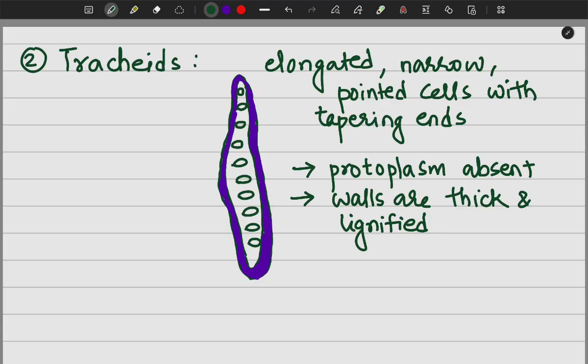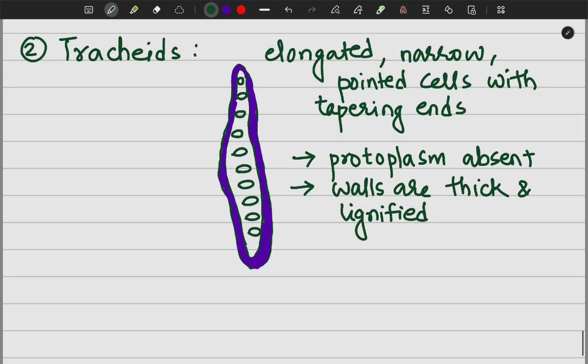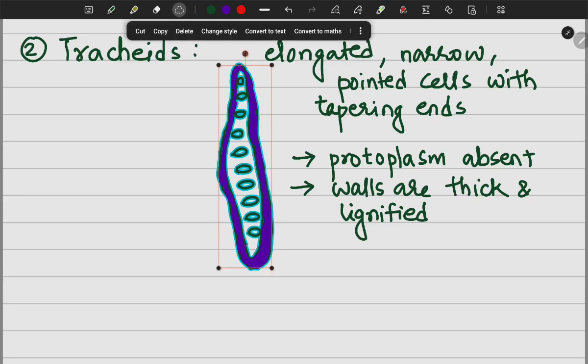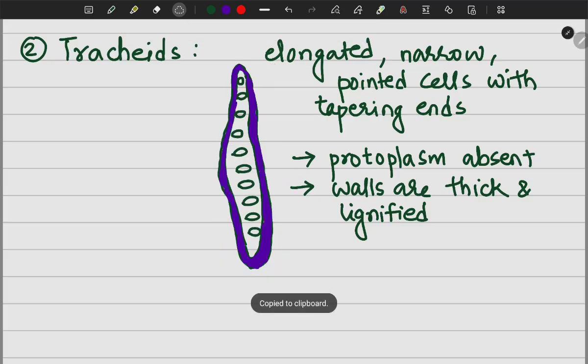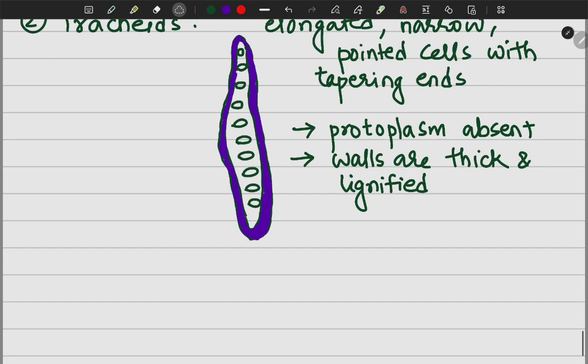Now if we talk about how the tracheids conduct water, the two tracheids are joined like this because the ends of these tracheids are not open. The ends, the tapering ends, are closed. So let me draw another one.